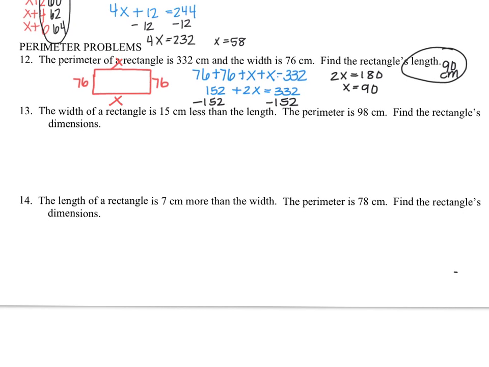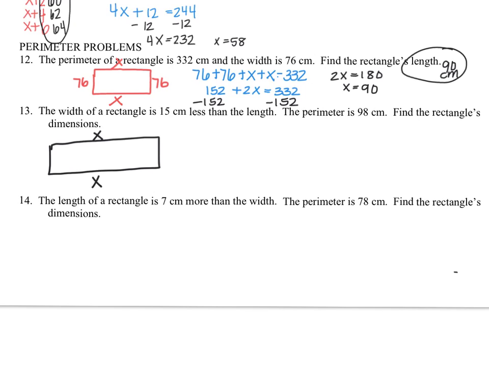All right, in number 13, we're going to draw another rectangle. It says the width is 15 centimeters less than the length. It doesn't tell us anything about the length, so we're going to call the length x.